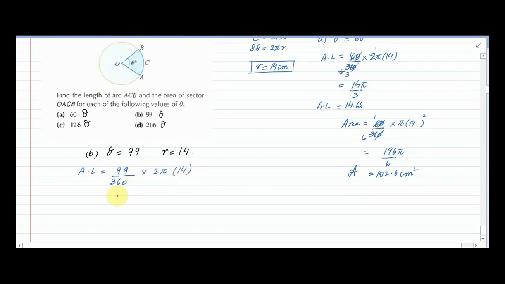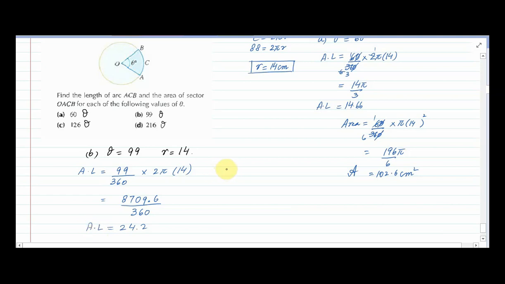Solve it. So 99 multiplied by 2 multiply by 3.142 and multiply with 14. It's 8709.6 divided by 360. So when you divide it, its value is 24.2, that is arc length, right?